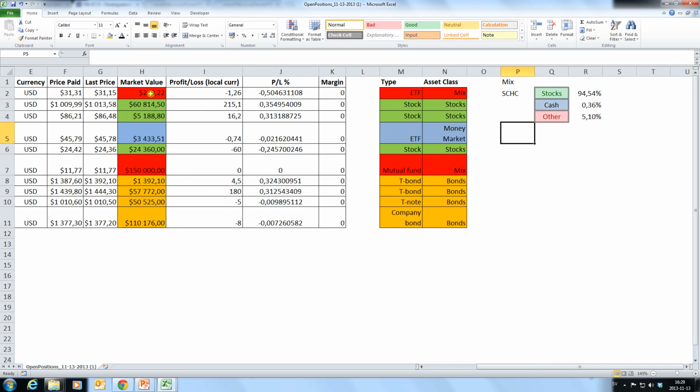So when I'm going to take the market value here, then I will have to multiply it with the percentage invested in stocks to get the part of this fund that consists of stocks. I have to take this number times the percentage for cash to find out how much is invested in money market, and I have to take this number times the percentage for other to find how much is invested in other types of assets.